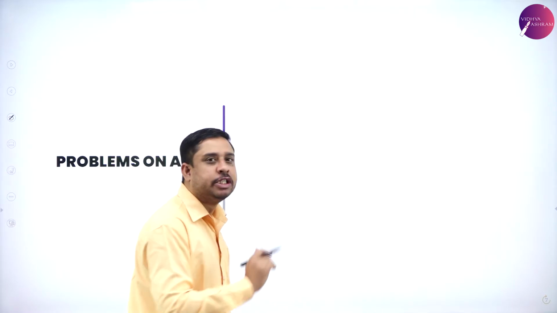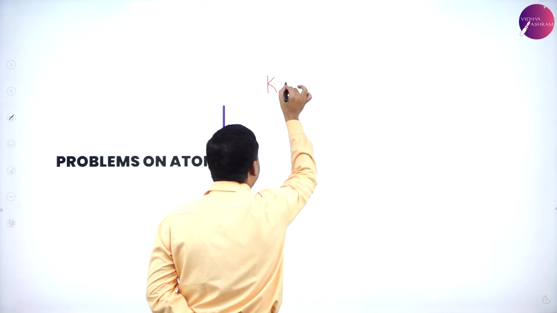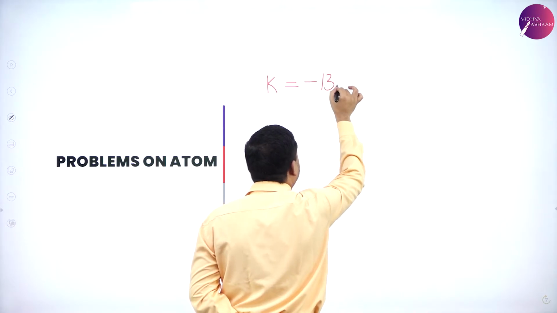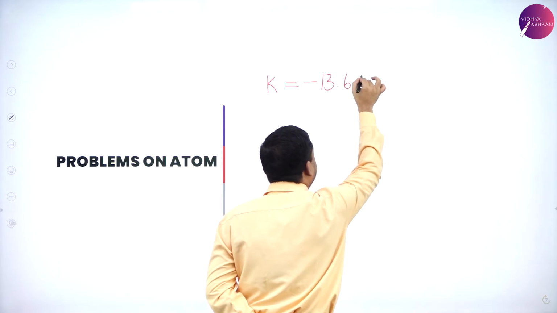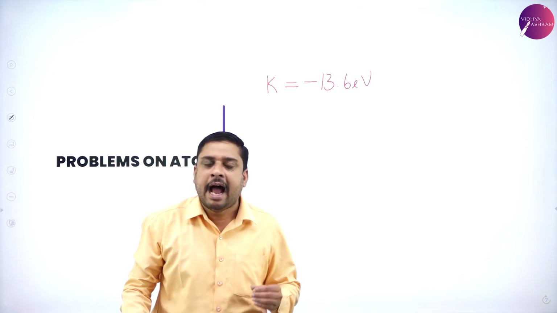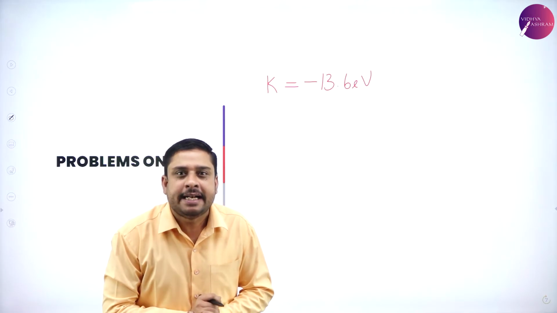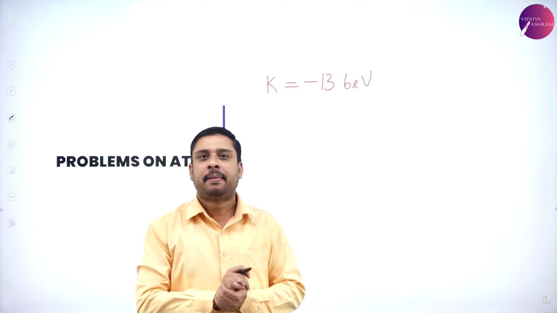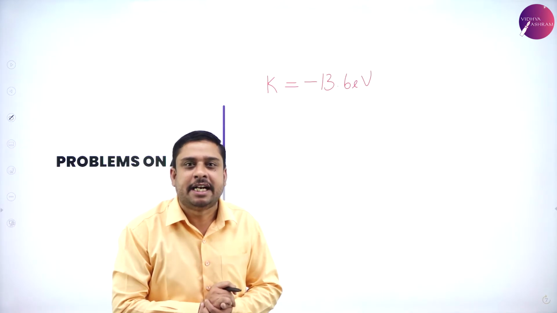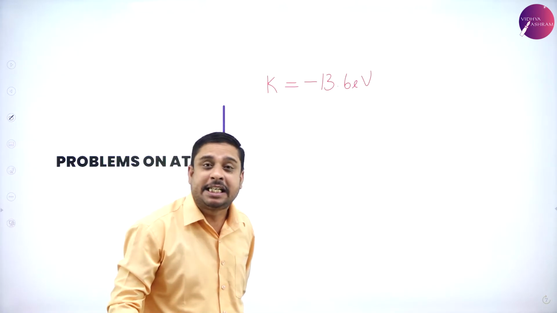So, according to the problem, the ground state energy is minus 13.6 electron volt. I have been asked to calculate the kinetic energy and the potential energy of the electron in the ground state.